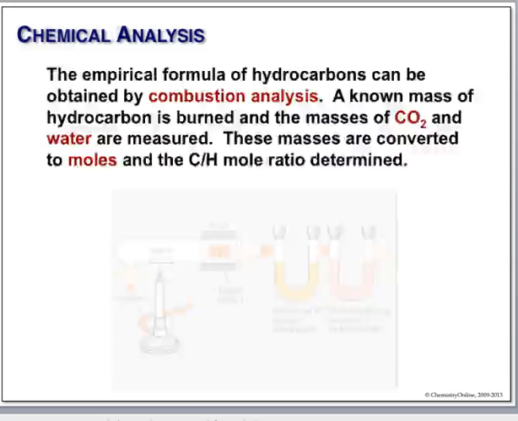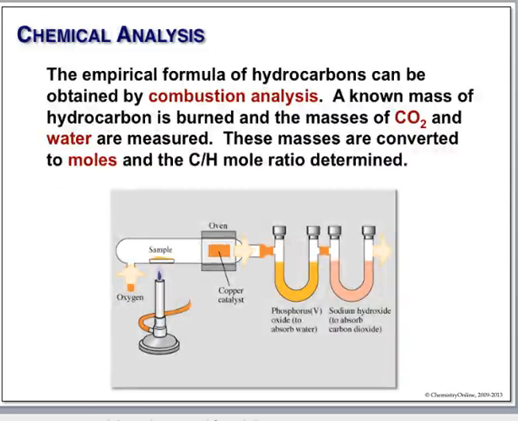Analysis looks like this. Let's say we have a hydrocarbon, so just carbon and hydrogen. We take a little bit of it, put it in a tube, and heat it up. We pass oxygen over it. What this does is it converts all of the carbon to CO2 and all the hydrogen to water.